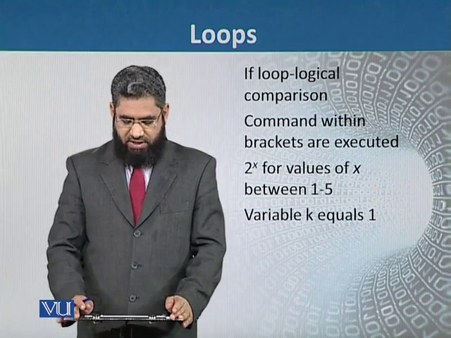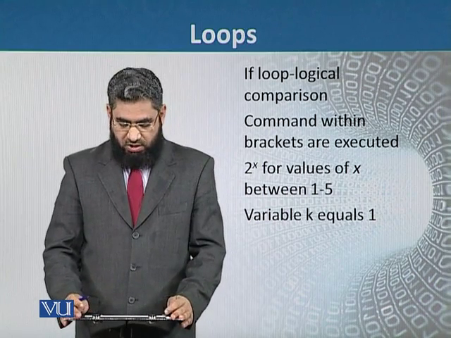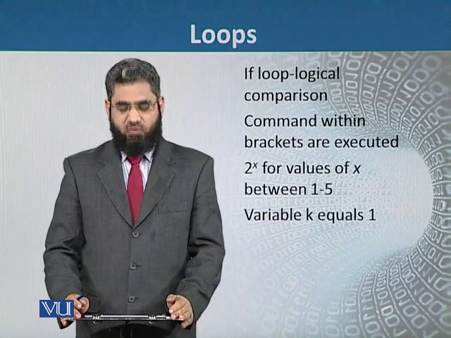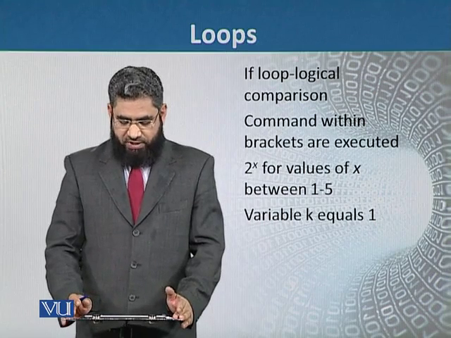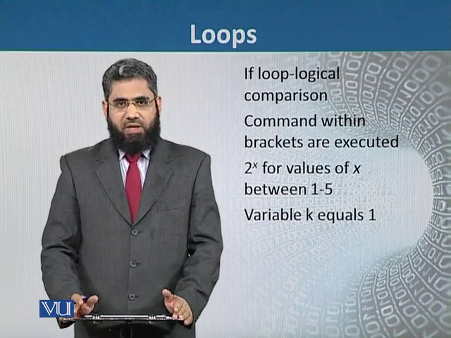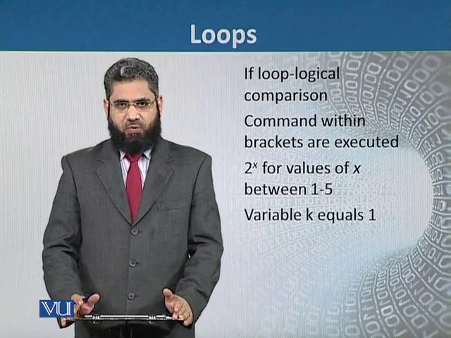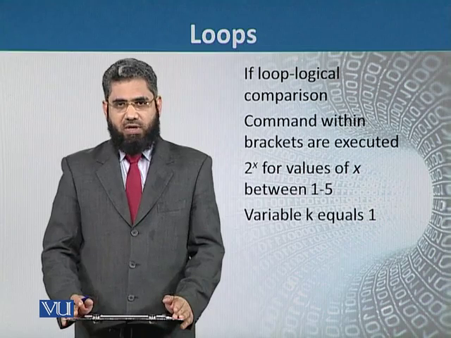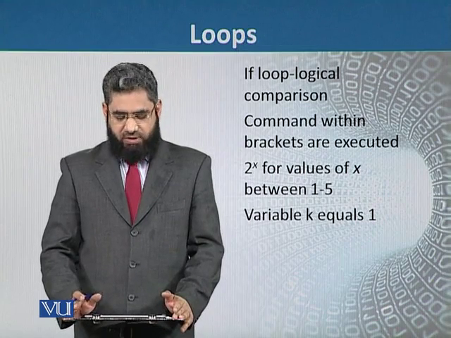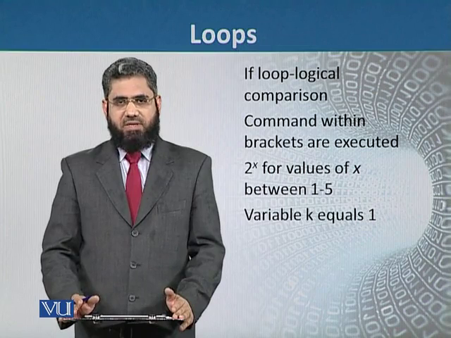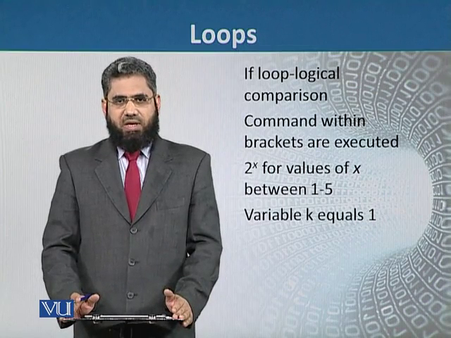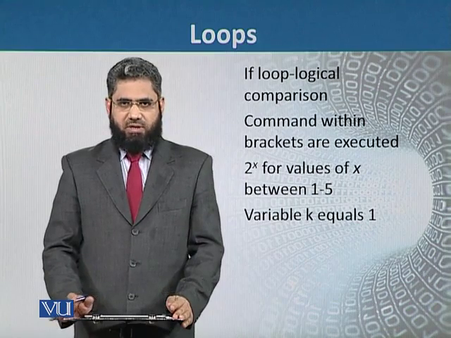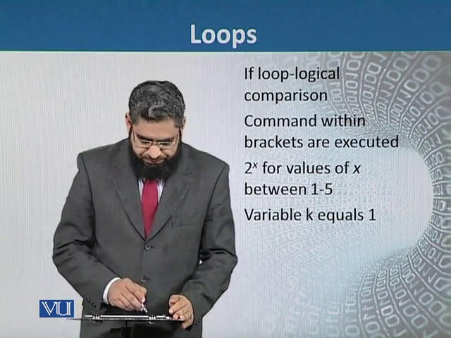For example, if we want to execute 2 raised to power x for x between 1 to 5, then we have to give a variable to the if loop. If the variable, in this case k, is equal to 1, it will analyze the logical comparison, and if it sees that k is equal to 1, then the code present within the bracket will be executed.